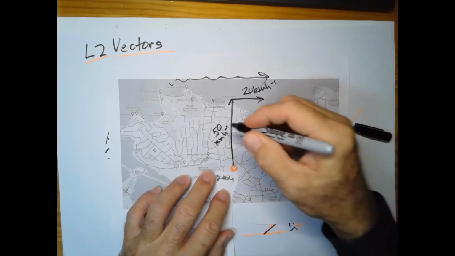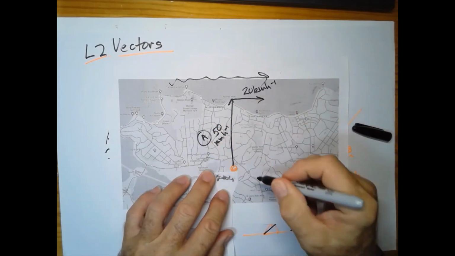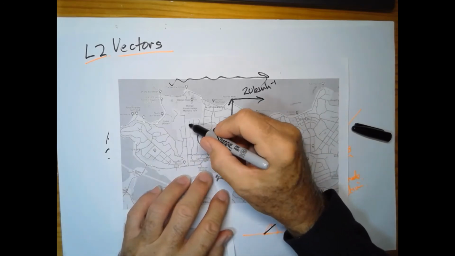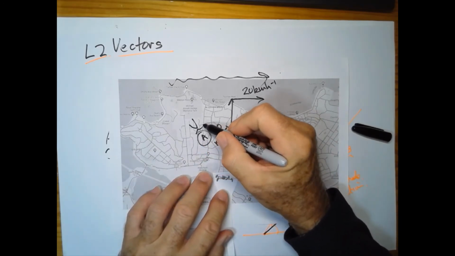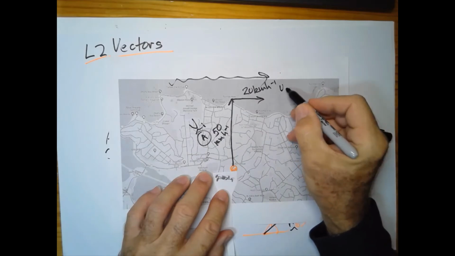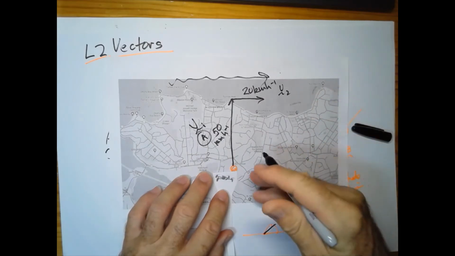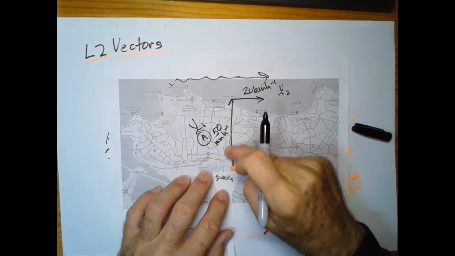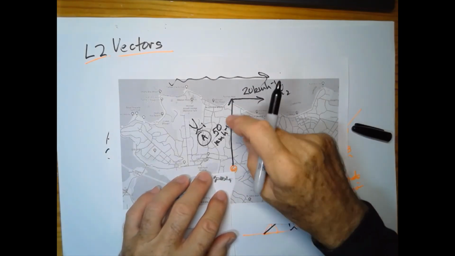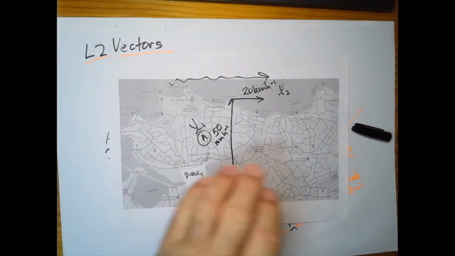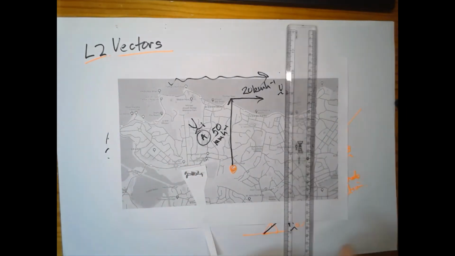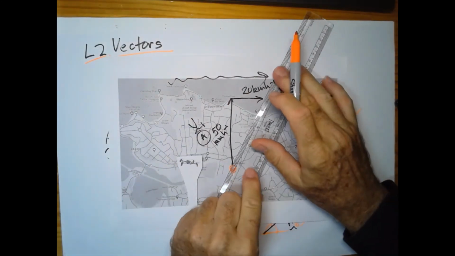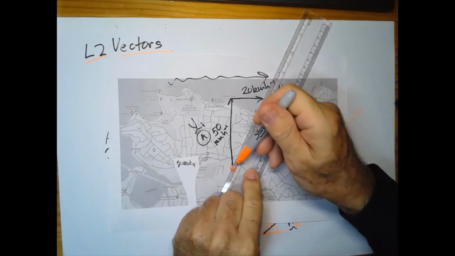So we've got our velocity vector 1 and our velocity vector 2. And we want to know what will be the result of adding vector 1 to vector 2. We go head to tail, and we say therefore the resultant vector A plus B we can draw from here.